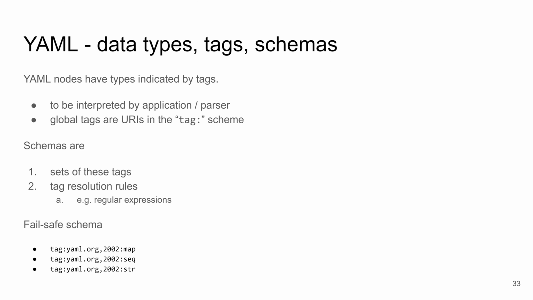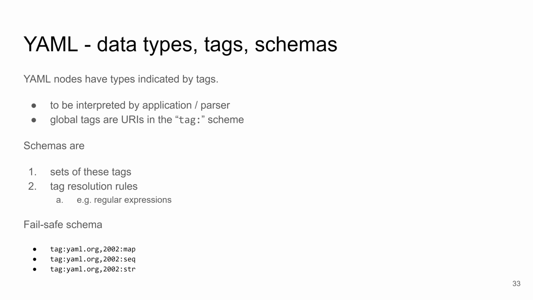This YAML schema is a set of so-called tags, where tags are URIs. Actually, they are URNs, or they are URIs in the tag scheme. Schemas are sets of these tags where every YAML node may be tagged by a tag, which is like a special property of a node, and the tag is a URI in the tag scheme.